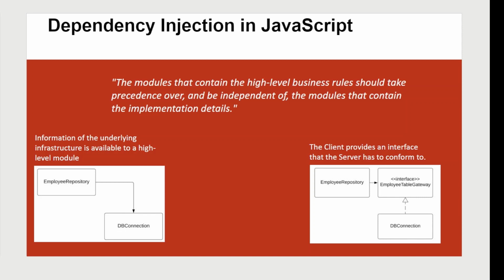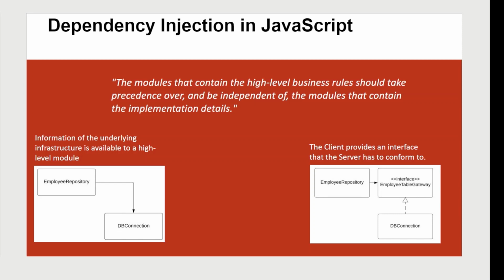So to apply the dependency inversion principle for the given example, the client needs to provide a contract for the server. The server's responsibility now is to comply to the interface by implementing it. And it is stated that the lower level modules provide the implementation for interfaces that are declared within and called by the upper level modules. That is on the lower right side, where the client provides an interface that the server has to conform to.